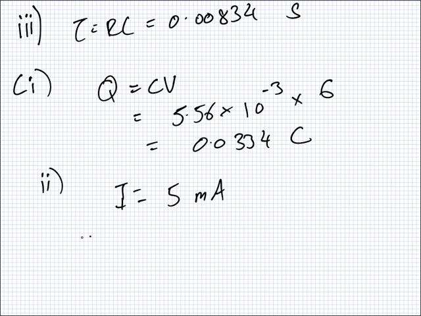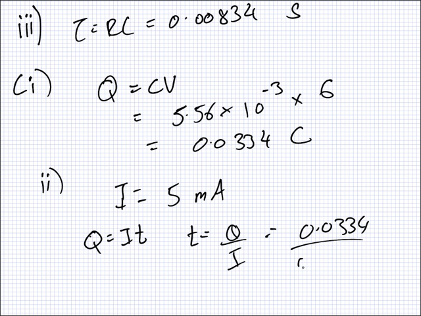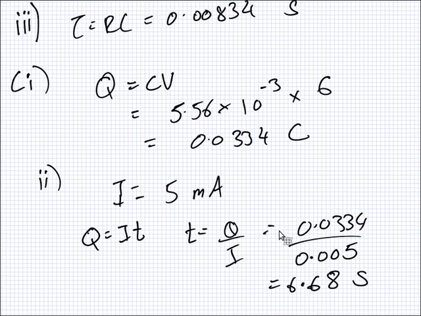No, that's just using the formula Q equals IT. T equals Q over I, which equals 0.0334 over 0.005. 6.68 seconds. Okay, next.